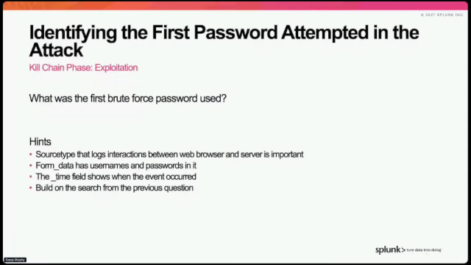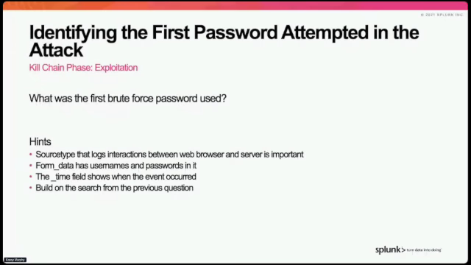All right, so moving on to our next question. If you navigate to the bottom of your screen for the navigation section and click on identifying the first password attempted in the attack, our next question is, what was the first brute force password used? We know from our prior search that a string with wildcards between the values of username and password will return that user password combination.